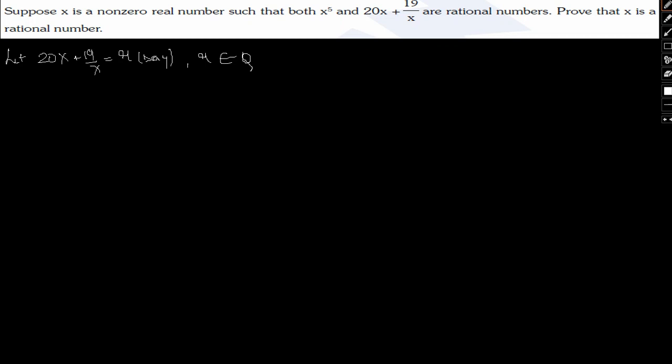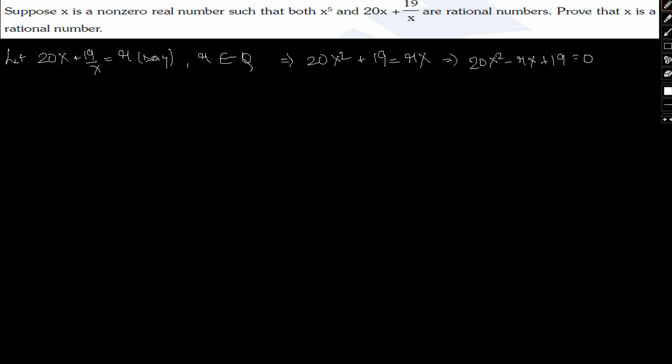This particular equation we can write in this way as well: 20x square plus 19 equal to rx. Subsequently, we can write 20x square minus rx plus 19 equal to 0. So we basically formed a quadratic equation out of the following linear equation.